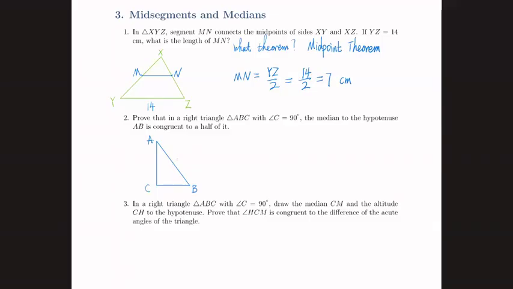We call it M. Connect CM. So CM is our median. Now we want to prove that CM is half of the hypotenuse AB. Let's think about it for a few minutes. How to prove this?